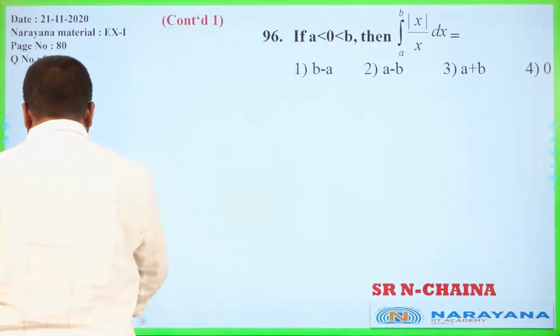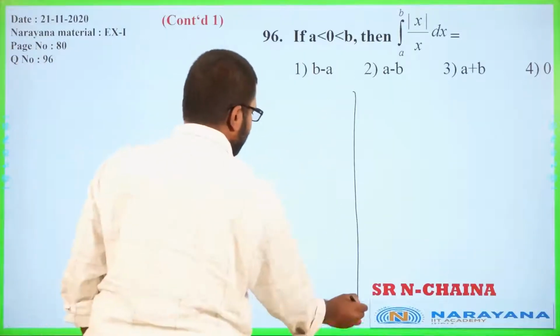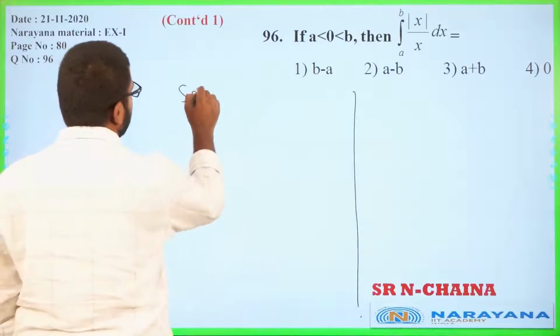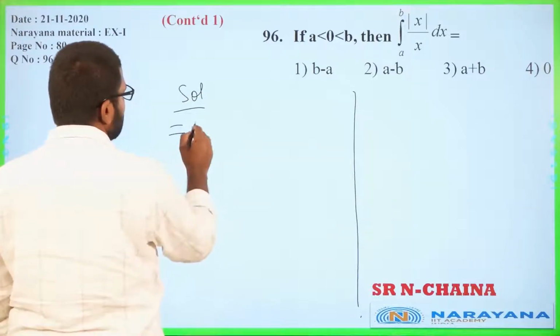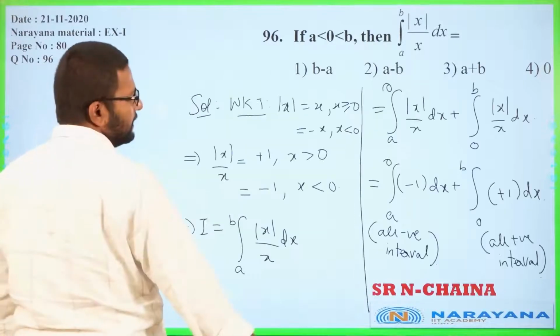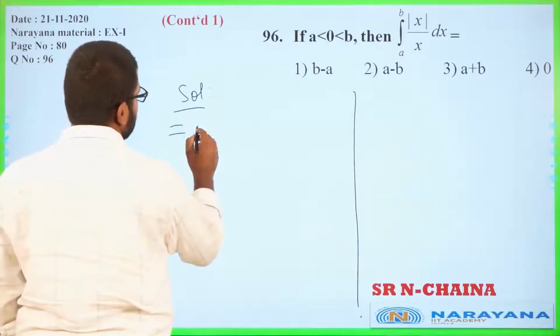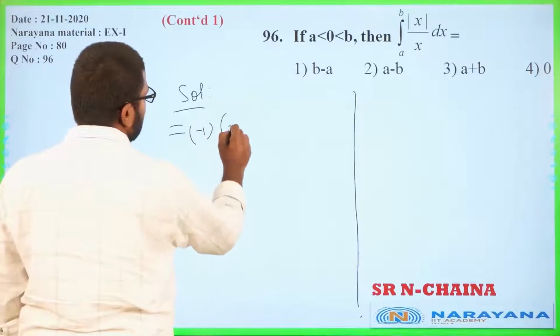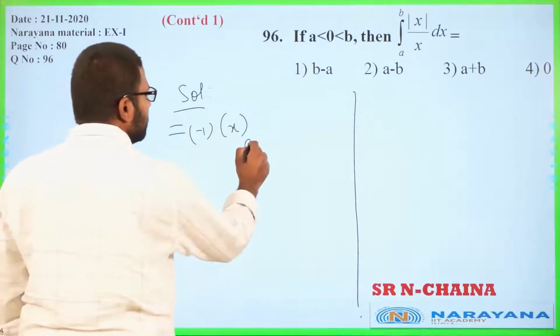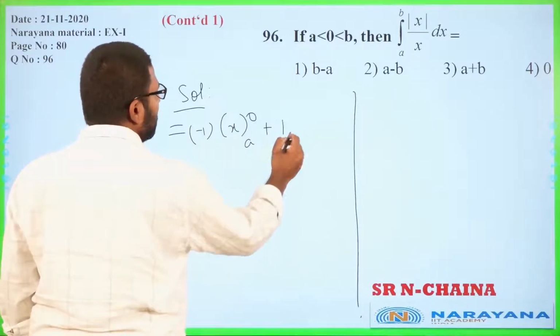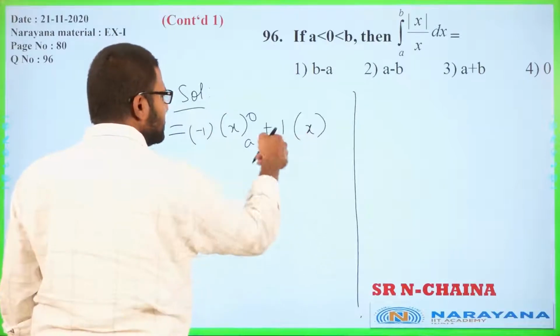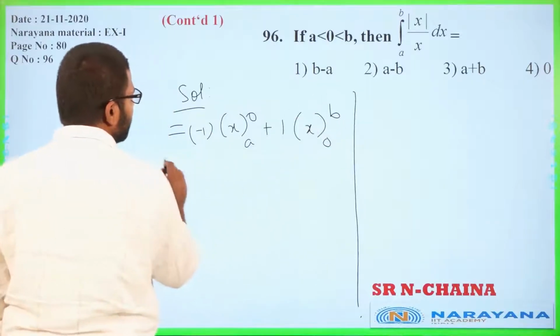So that turns out to be, if you go back, minus 1, just bring it outside, and 0 minus a. So minus 1 integral dx is x from a to 0, and then plus 1 integral dx is x from 0 to b.